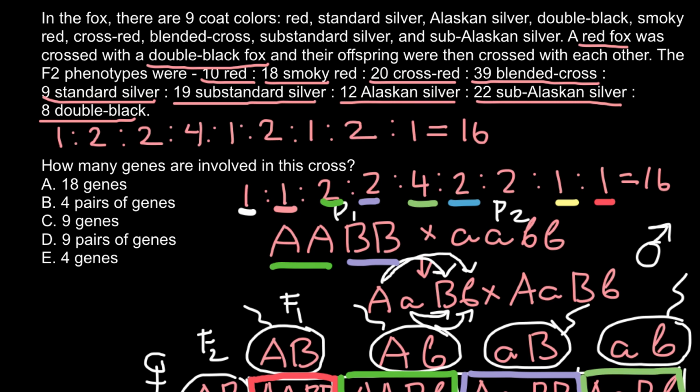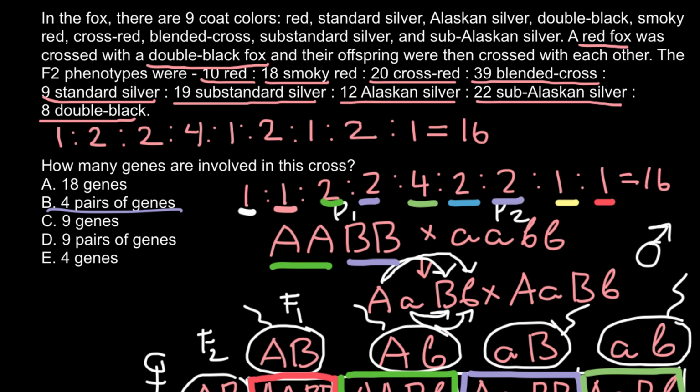The correct answer would be that this trait is under the control of 2 genes, and each gene is represented by 2 alleles. But answer B is not the correct one, because 4 alleles is not the same as 4 genes. Alleles are just slightly different forms of the same gene. And once again, here we have 2 genes, and each gene is represented by 2 alleles, which are slightly different forms of the same gene.